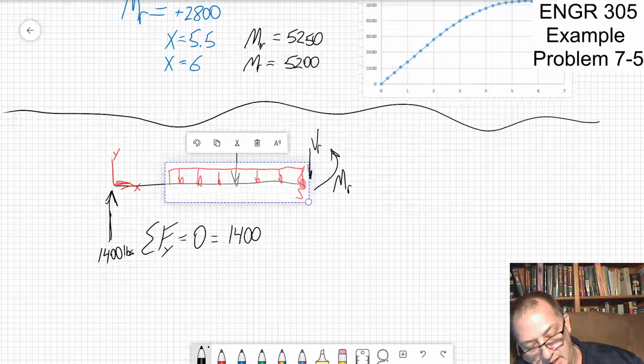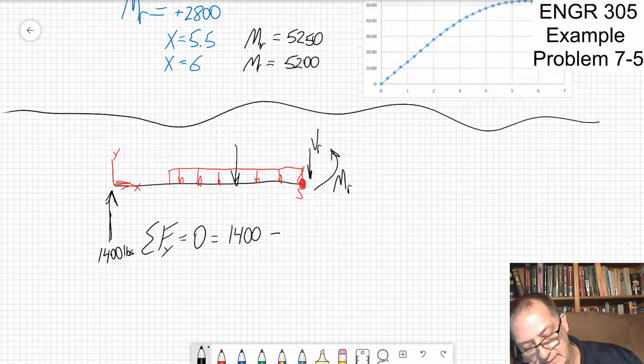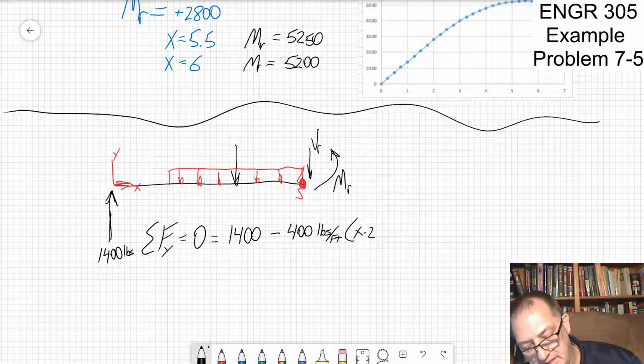And then I go to the next thing, and that's minus the 400 pounds per foot times x minus 2 feet, right? And then I'm going to keep going.